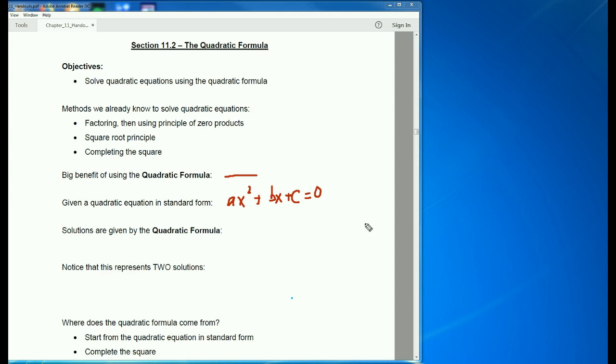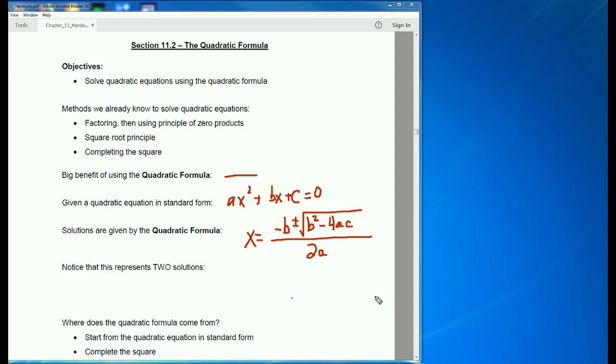Okay. Then the solutions are given by the quadratic formula, which is the following. x equals negative b plus or minus the square root of b squared minus 4ac, all over 2 times a.